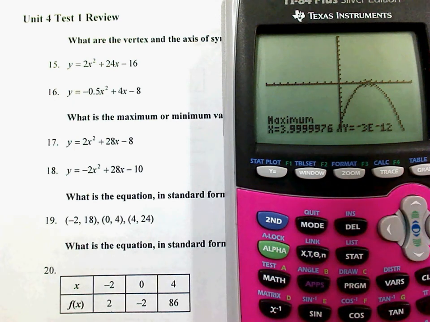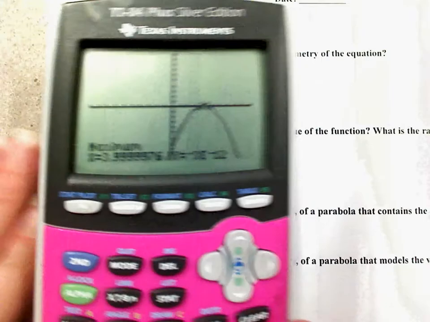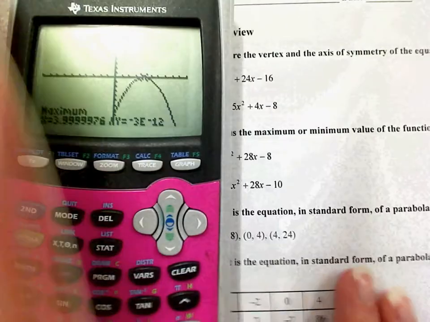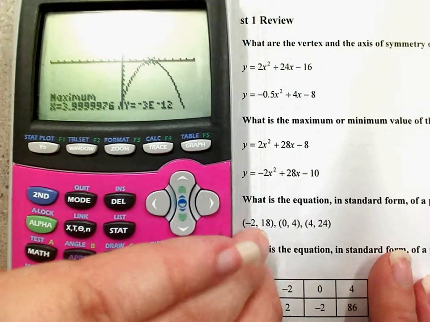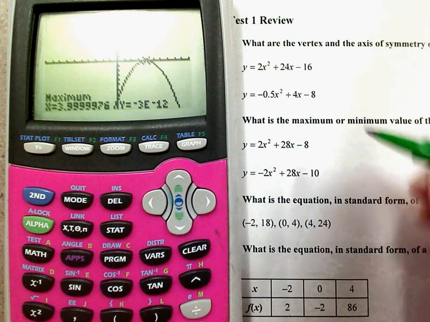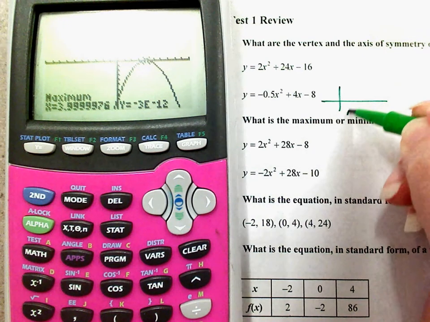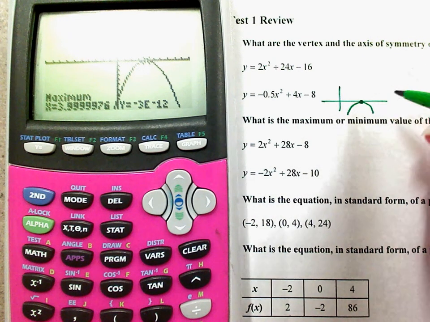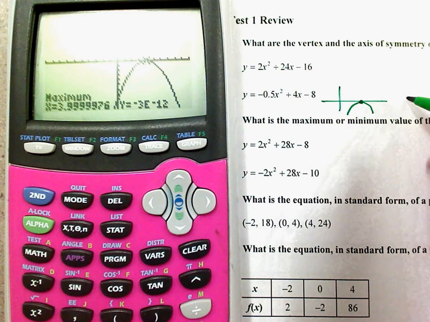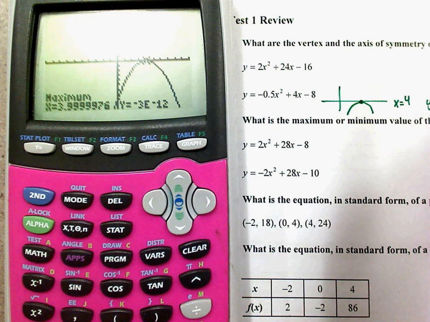So in number 16, I get that the maximum occurs at this point right here, and they say that it's 4, basically, right? X equals 4 and y equals negative 3e to the negative 12. What does that mean to you guys? Yeah, basically it means this.